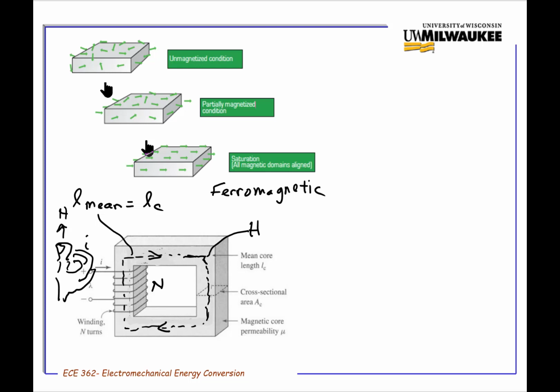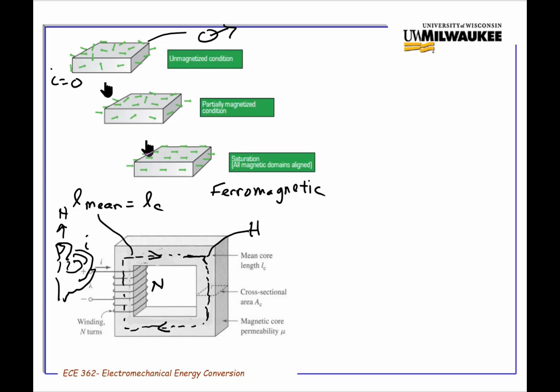And I found online maybe a better picture, not the best picture. I like to draw these little arrows like this. That's how I was drawing them before. But you can see that if I have I equals 0, so I've not applied any current to that core, and it's really never seen any current ever, okay?